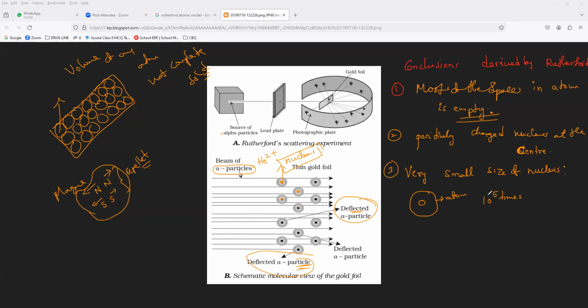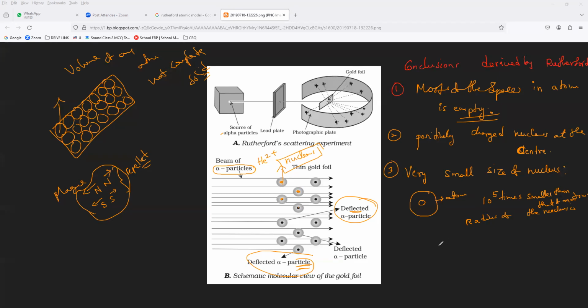It is found experimentally that the radius of the nucleus is 10 power 5 times smaller than that of an atom. I hope you all understand, everybody. So how many times is it less? 1 lakh times.